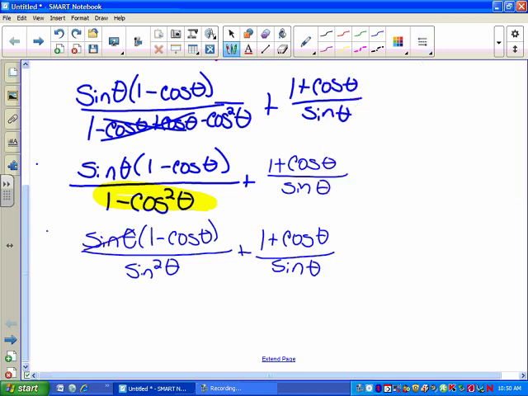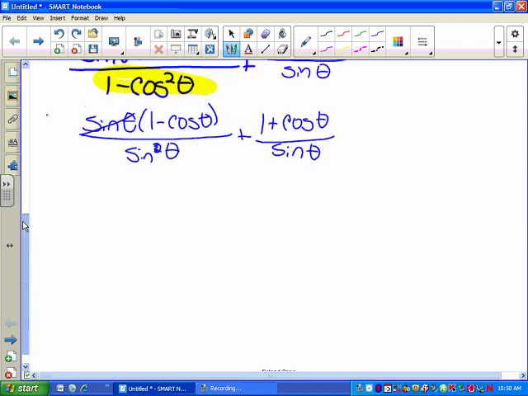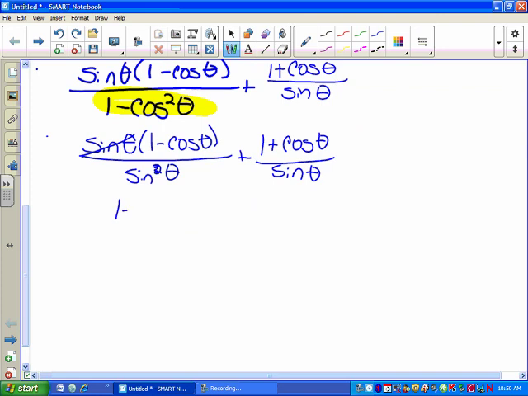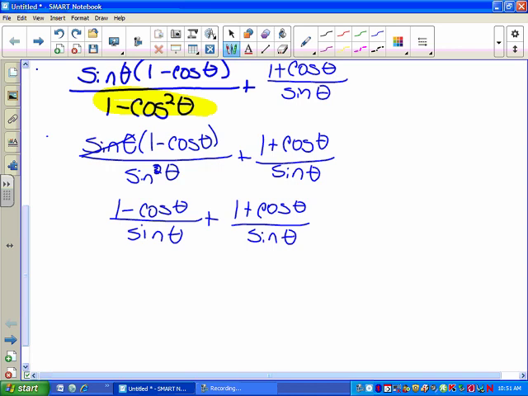I'm going to cancel this sine theta with one of those, so it becomes not squared anymore. Okay, so we end up with 1 minus cosine theta over sine theta plus 1 plus cosine theta over sine theta. Well, that's kind of nice. Now I've got common denominators, so we're allowed to add the numerators.